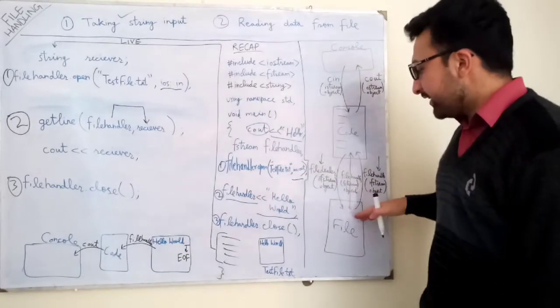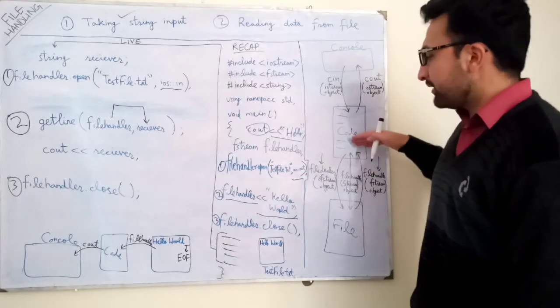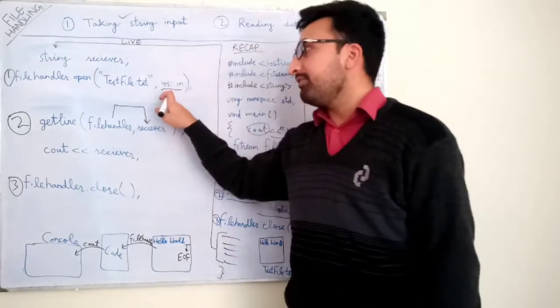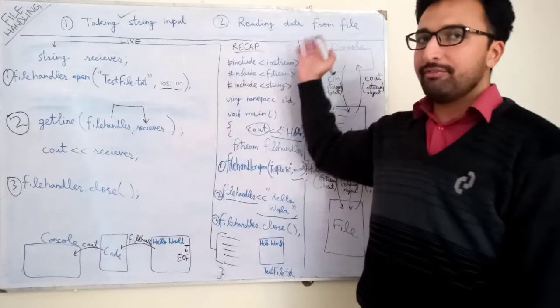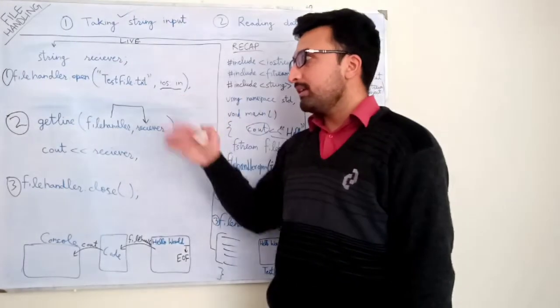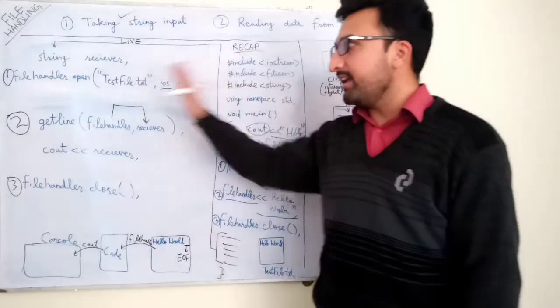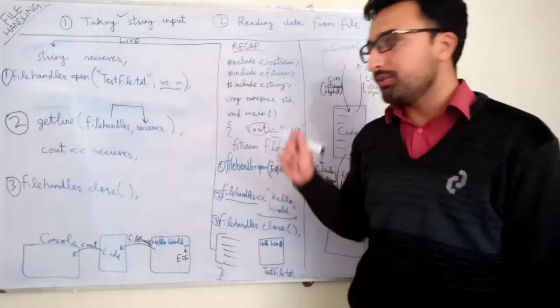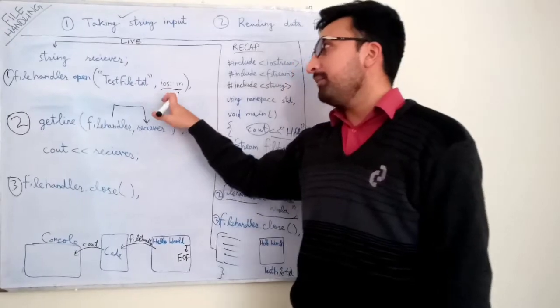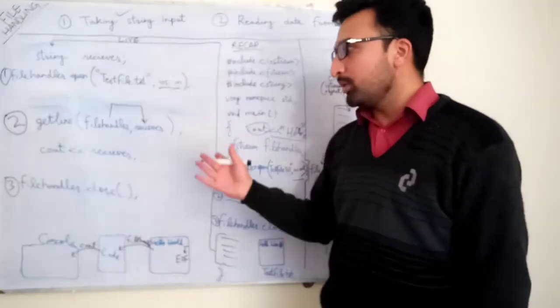However, here we are taking some input from the file. The file needs to be opened in input mode when we are reading data from a file. First step is opening the file in input mode. However, here the file should already be present. Earlier, if it was not present, it would create it, no issues. However, here it should already be present, and then it will be opened in input mode.